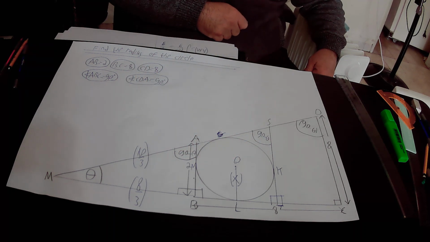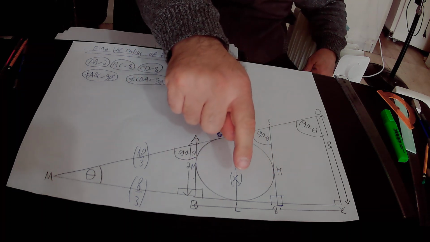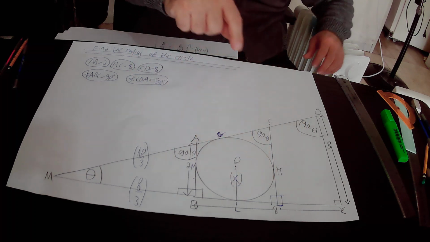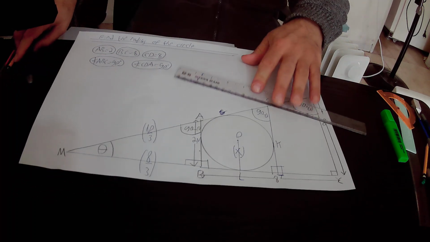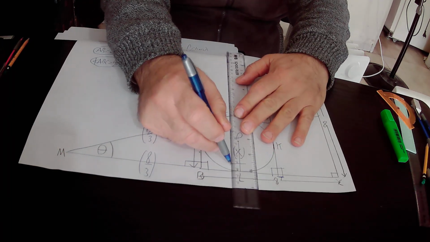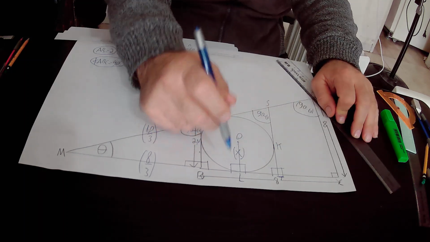Whenever you have a radius that is drawn to the point of tendency, then tangent BT will be perpendicular to the radius LO. If BT is perpendicular to LO, it means that this angle equals 90 degrees. This angle also equals 90 degrees according to rule 1, of course.